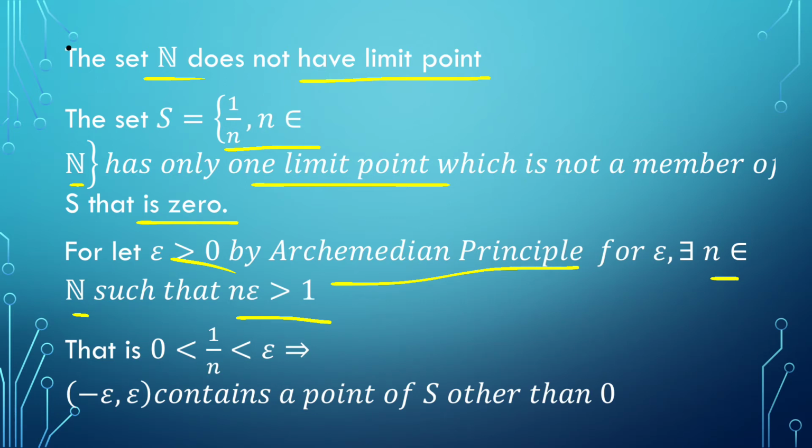If this is true, then it implies that for the interval around 0, you find that it contains a point of S other than 0.